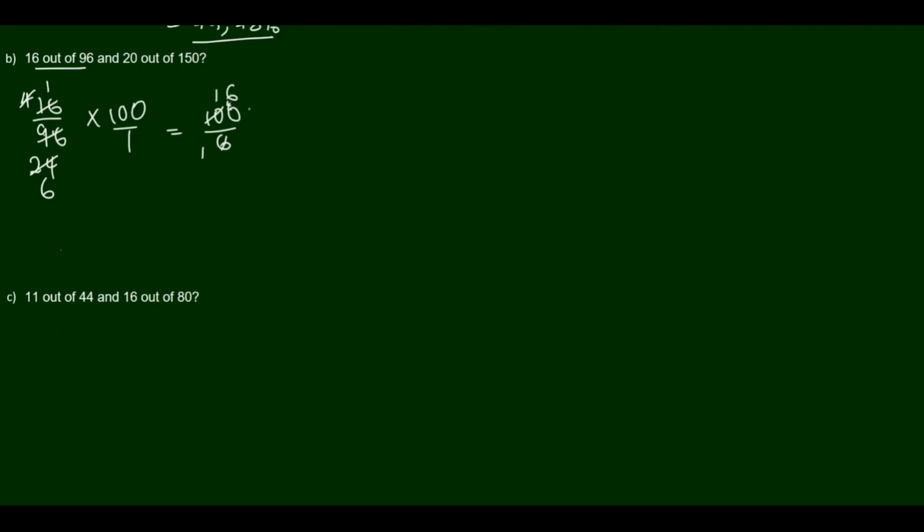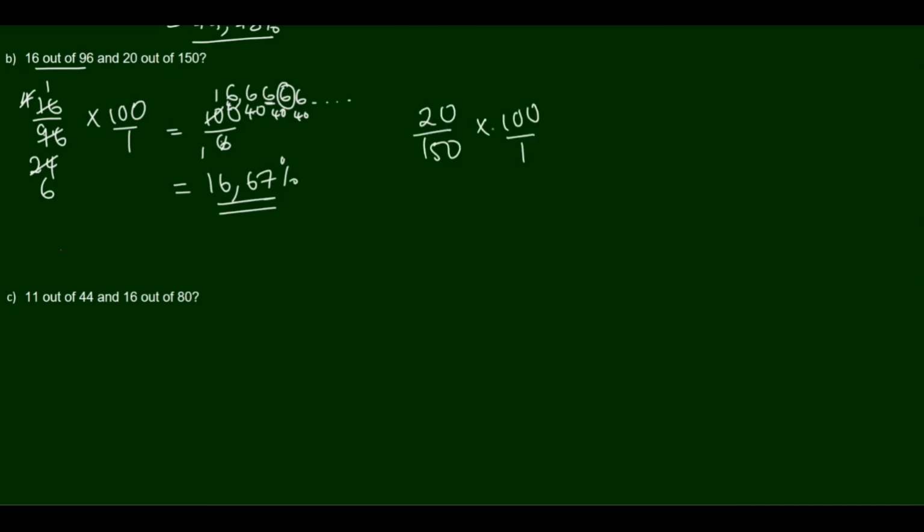Put a comma here, and then put a 0 next to the remainder. 6 into 40, again remainder 4, put a 0 next to the remainder. Again, this is a non-terminating and recurring decimal. If you round off to the nearest 2 decimal places, this 6 will change and become 7 because of this 6 here. So it becomes 16.67%.